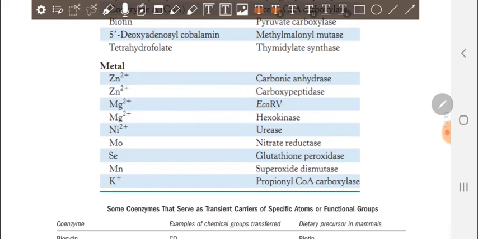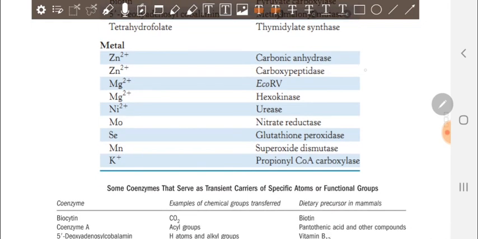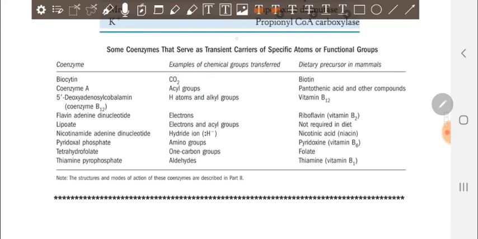Metal ions: here some metal ions are given: zinc, Zn2+, magnesium, Mg2+, nickel, molybdenum, selenium, manganese, and K, that is potassium. The examples are given, so remember all the enzymes involved in this.